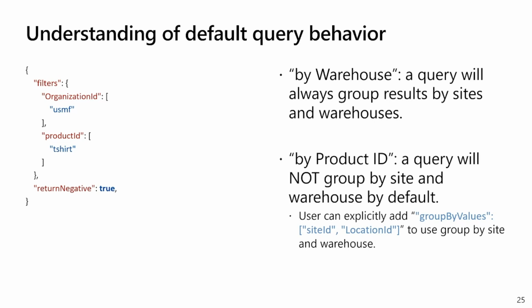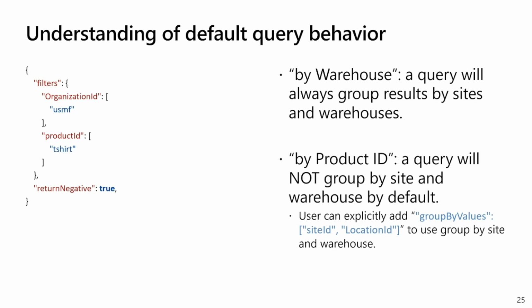partition rule. If we're using the by warehouse rule, which all of our existing users are using, an inventory query will always group the results by site and warehouses, even though the user may not be specifying the group by values in their queries. However, by using product IDs, a query will no longer group by site and warehouses by default.